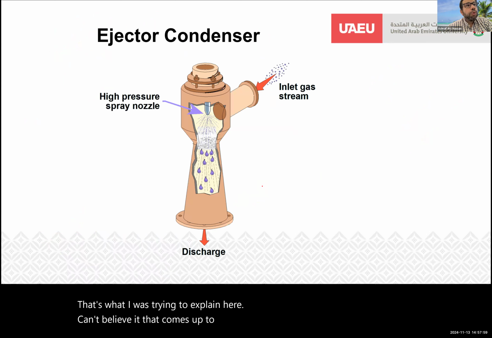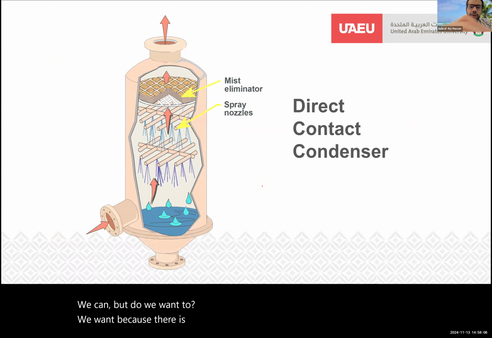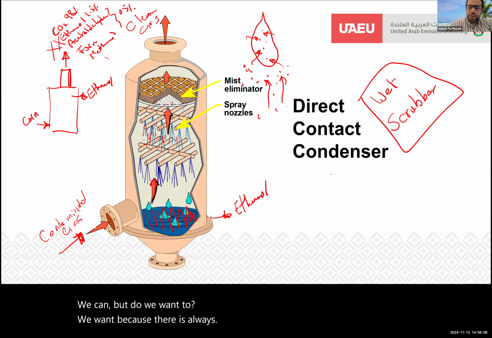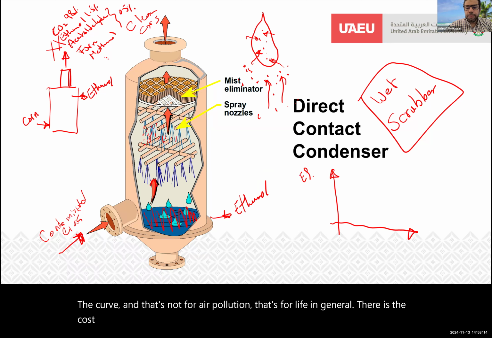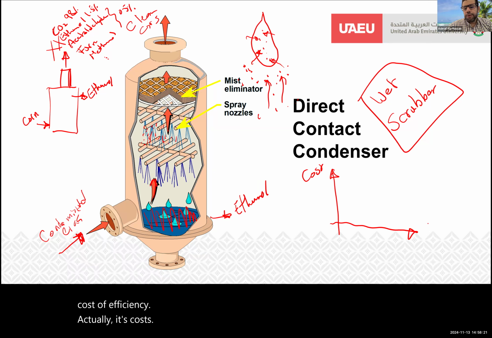We can, but do we want to? We want, because there is always the curve, and that's not for air pollution, that's for life in general. There is the cost of efficiency. Actually, it's cost versus efficiency.